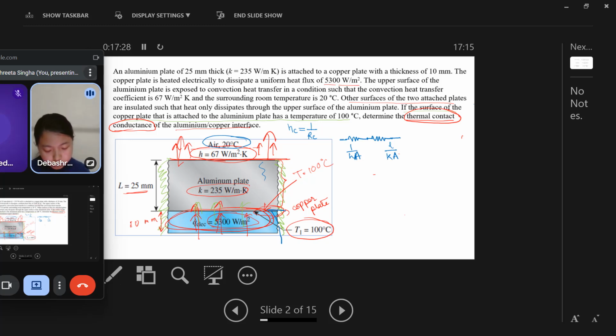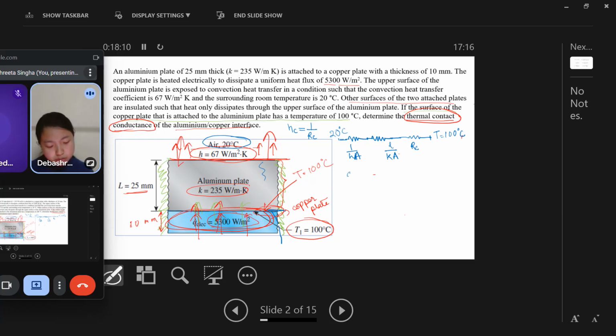And then another resistance is present due to the interface between the aluminum and copper, that is known as the contact resistance, given by RC. So here the temperature is 100 degrees Celsius, and here the temperature is 20 degrees Celsius. It's the same resistance problem.